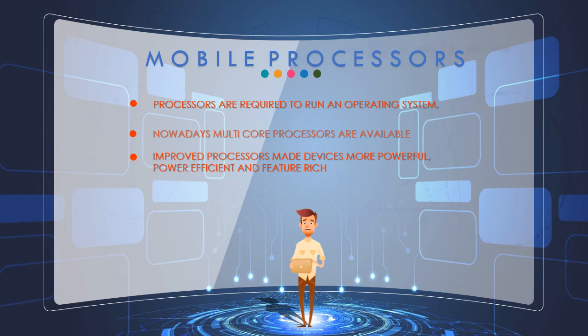The ability to equip mobile processors with the GPU, that is graphic processing unit, has enabled devices to get the best graphic output, 3D capability, virtual reality, AR, augmented reality, 4K recording, etc. Improved processor technology also made modern mobile devices more power efficient, giving more battery life.